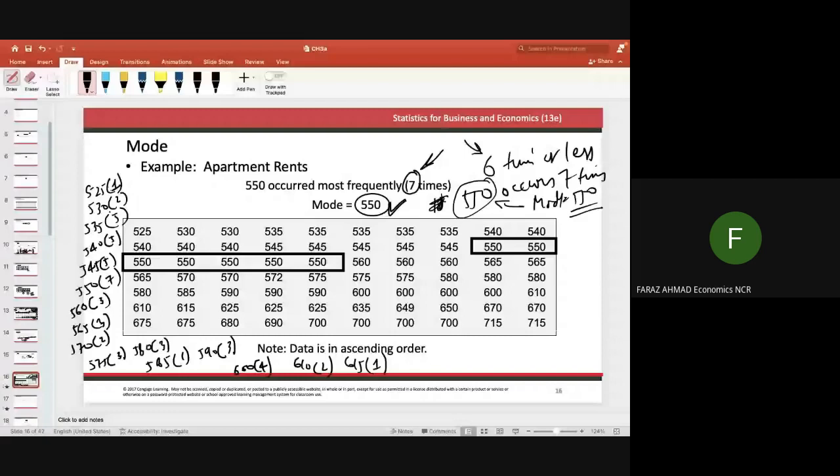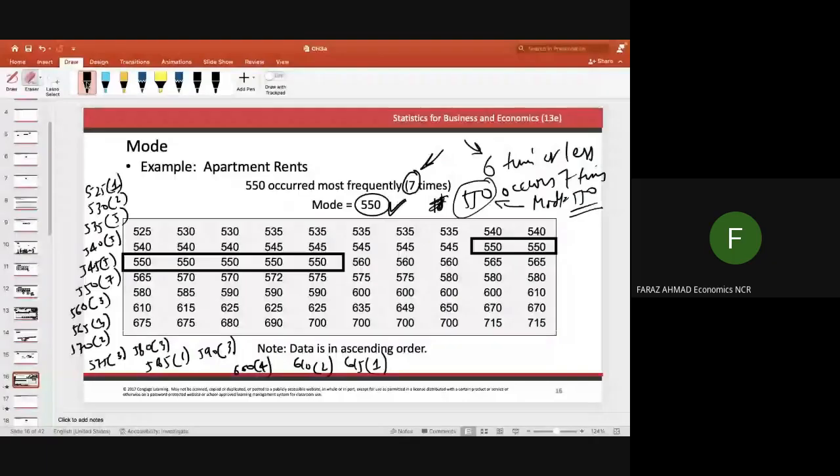And suppose I add 2 more 535s here. If I'm adding one 535 here and one 535 here, suppose. So let me add them to this data set.